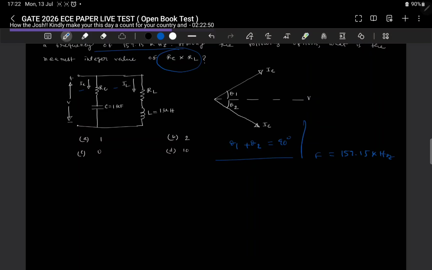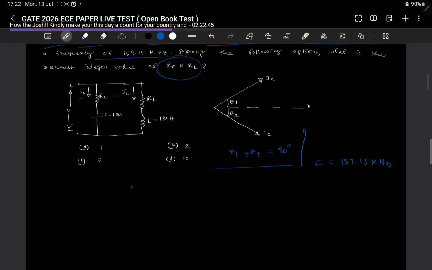Now what do I have in my hand? According to that, I can do one thing, that is tan's formula we know. First write down this tan theta 1 equal to xc by rc.